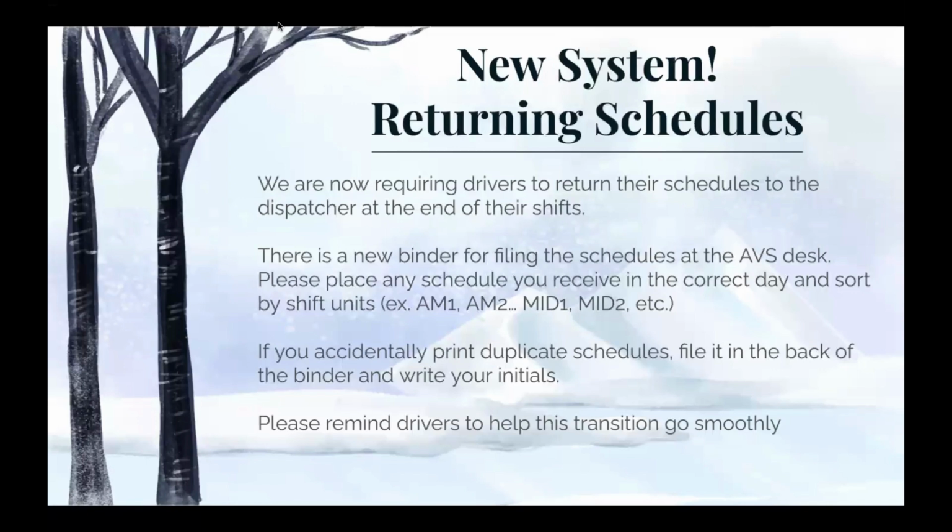If you do print duplicates accidentally, or if you need to print a second one for whatever reason, just make sure it does get filed in the back of the binder somewhere and put your initials on it, just so we know who put it in there. And if we need to check back, we can.